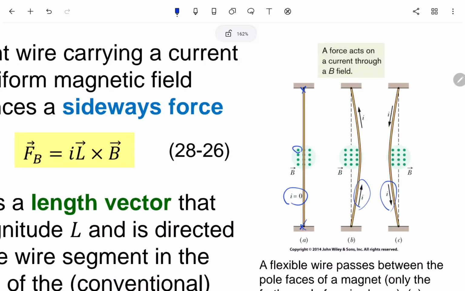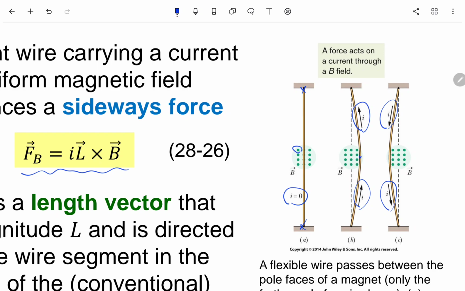Actually we can simply use this formula to see what it means. We have I, and then we have L cross B. What is L? L is the length of the wire, and L is a vector, so what is its direction? The direction of L follows the direction of the current.